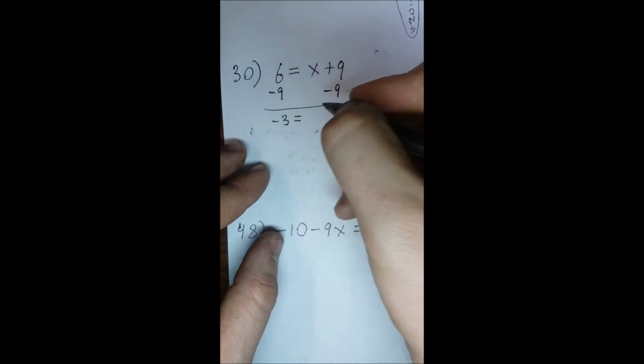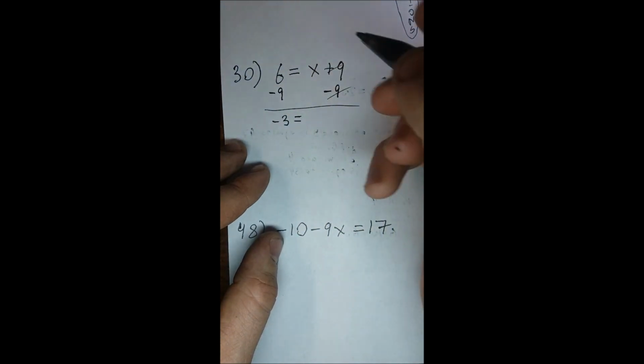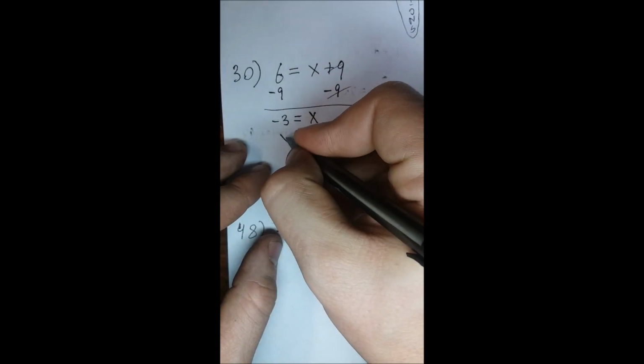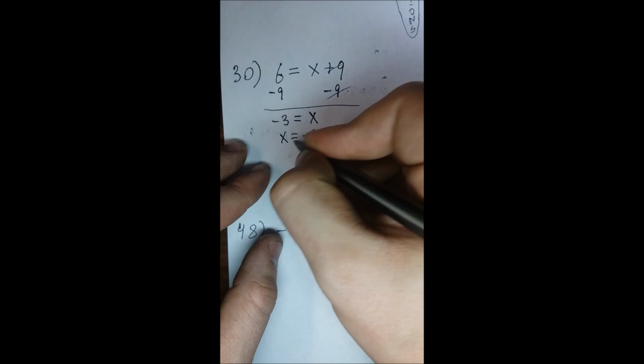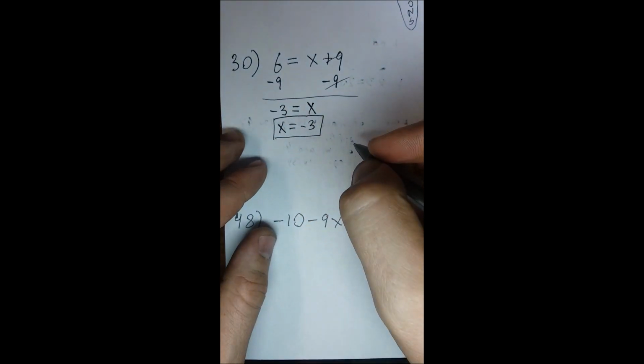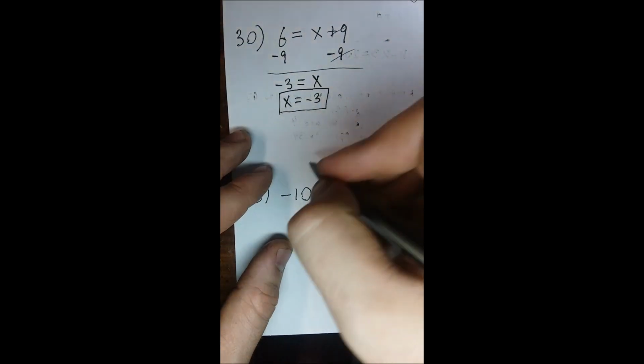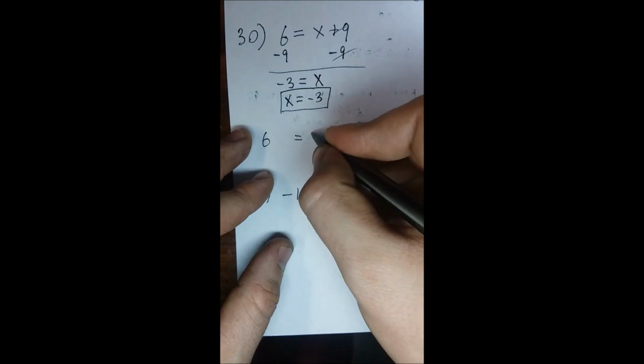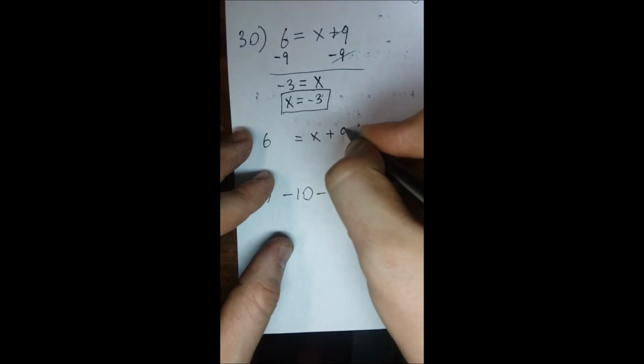Carry down the equal sign, and 9 minus 9 is 0, so it's just going to be x. Negative 3 equals x, or we like to write it as x equals negative 3. That's the answer. I want to show you another way to write it down. It's going to be like this. 6 equals x plus 9.